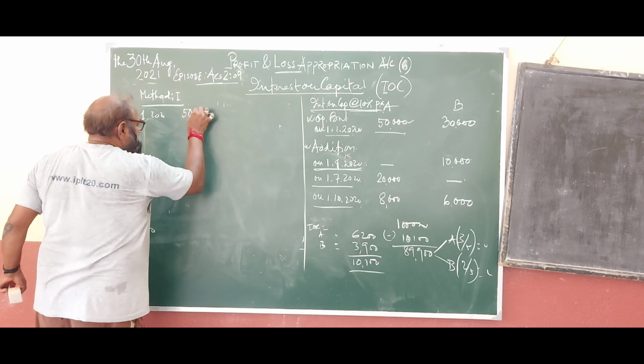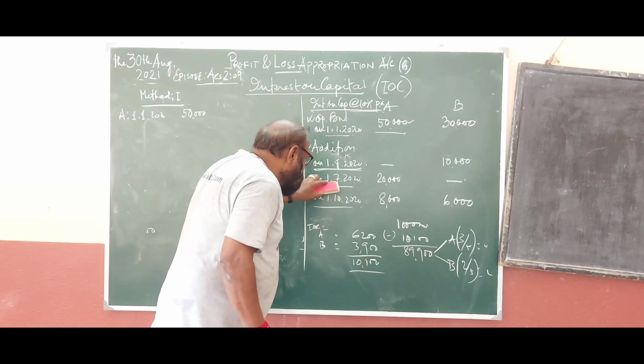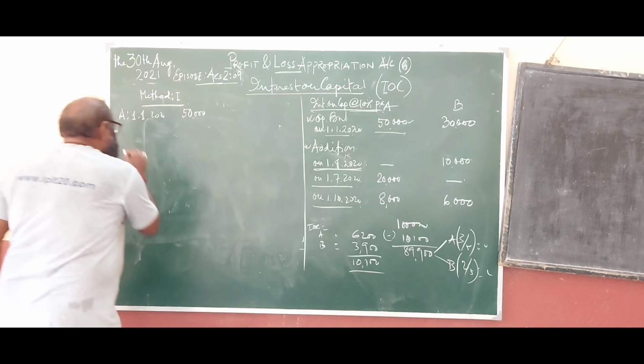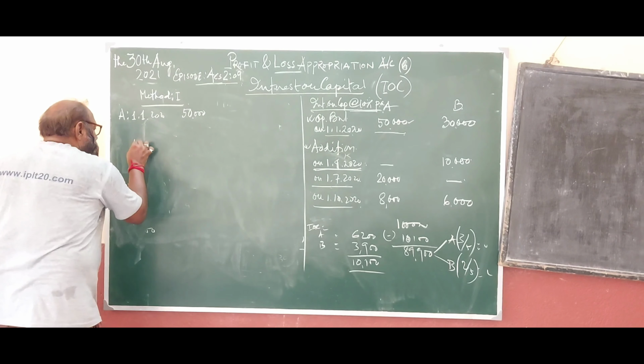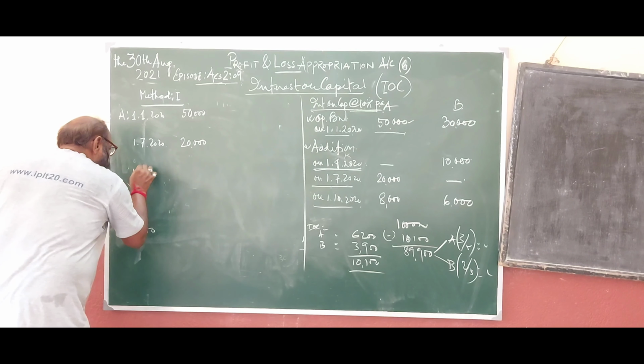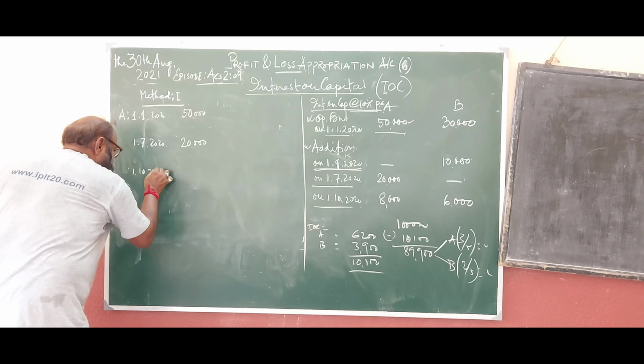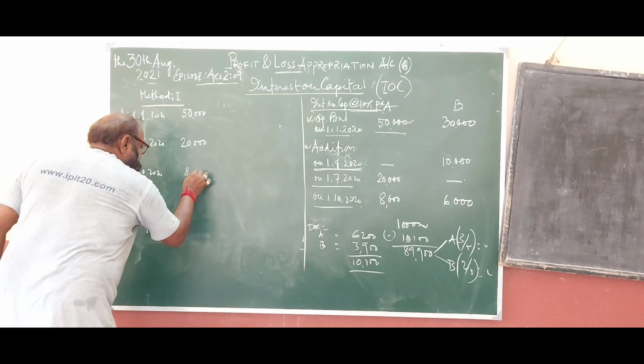Now this 50,000 works for how many months? It works for 6 months. And on 1/7/2020, he adds another 20,000. Clear? And again on 1/10/2020, he adds another 8,000.